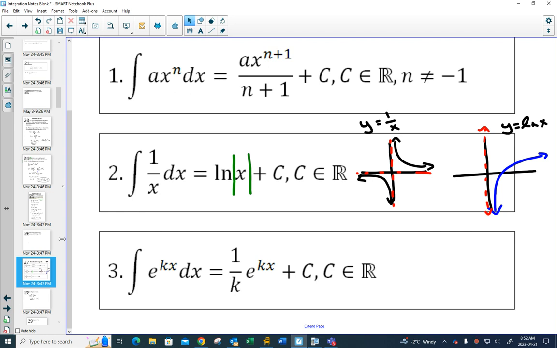And I'll just talk about the e to the x one here. You know the derivative of e to the x is e to the x. So working backwards, it will still stay the same. But if you did have a number in there, you would have a chain rule where you had to multiply. So how do you undo that? You sort of think, well, since there's going to be a chain rule where I have to multiply, I'm going to have to divide to cancel that out.